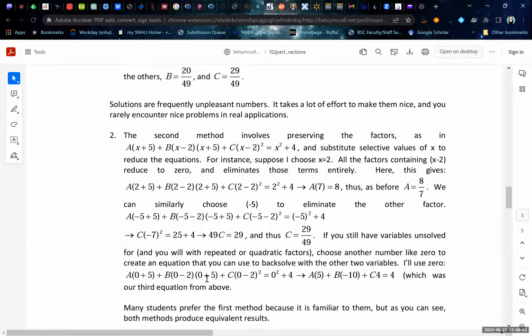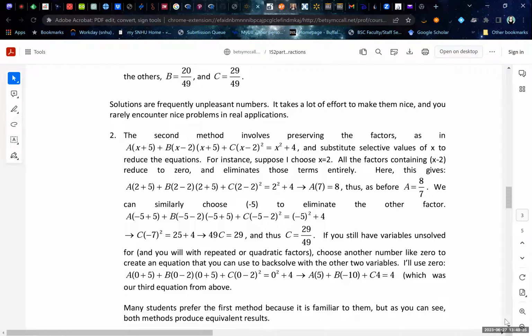That's usually going to be easier than doing all the foiling that we did earlier. But if you plug in 0, you just recreate that constant equation that we had earlier, and then you can plug in the a value and the c value you found in this case in order to get the b value.